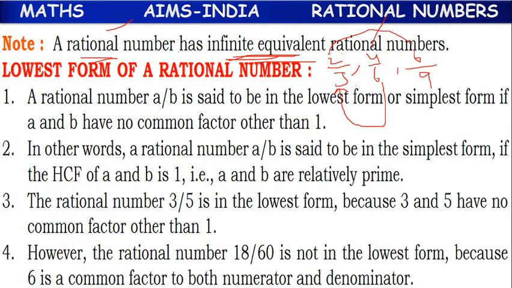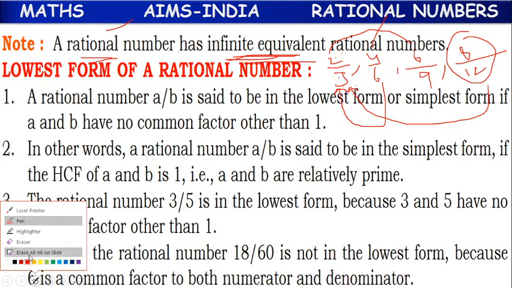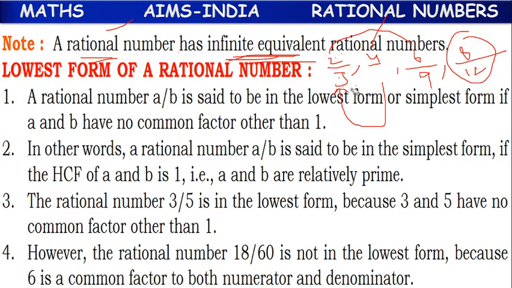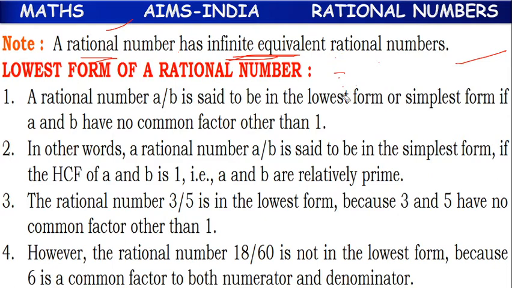So 6 by 9 is also equivalent to 2 by 3. Or if I multiply with 4, 2 times 4 is 8, 3 times 4 is 12, 8 by 12 is equivalent to 2 by 3. So like that, one rational number has infinite equivalent rational numbers.